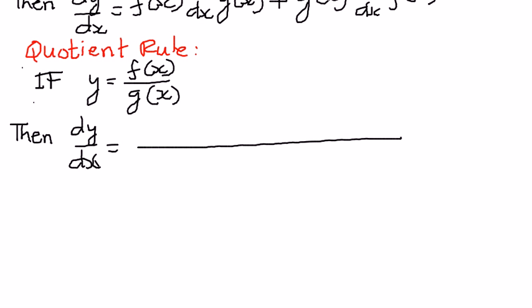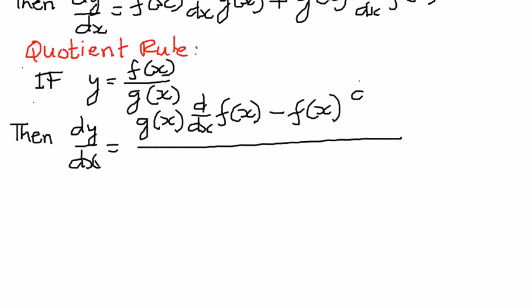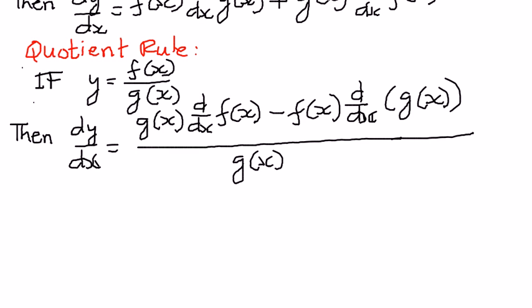We take the function in the denominator, g of x, times d by dx of the function in the numerator, minus the function in the numerator times the derivative of the function in the denominator, g of x, the whole thing divided by the function in the denominator, the whole thing raised to the power of 2.